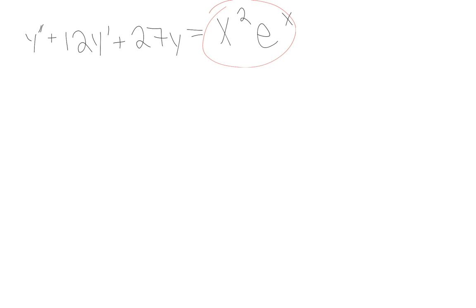The reason why this is important is because the annihilator approach allows us to take an nth order non-homogeneous differential equation and transform it into an even higher order homogeneous differential equation. So I've used two terms so far.